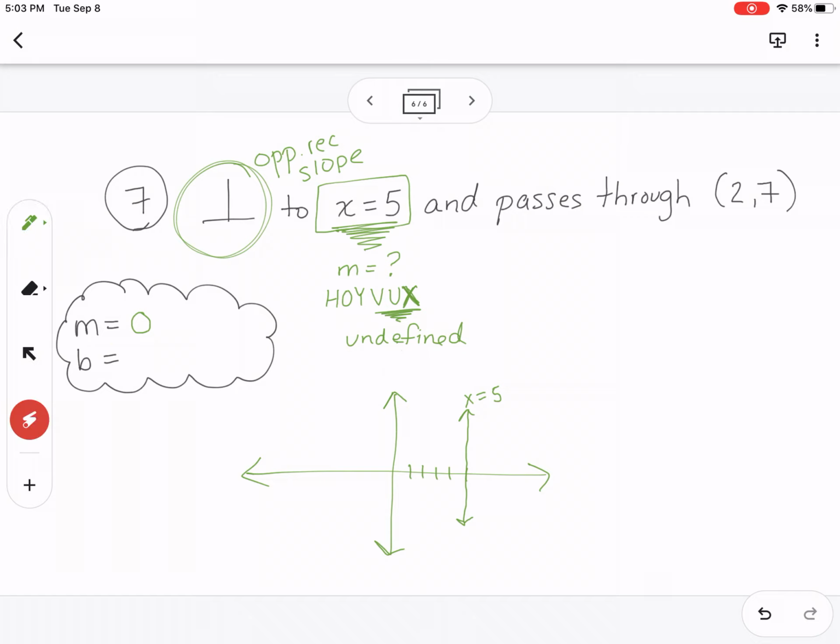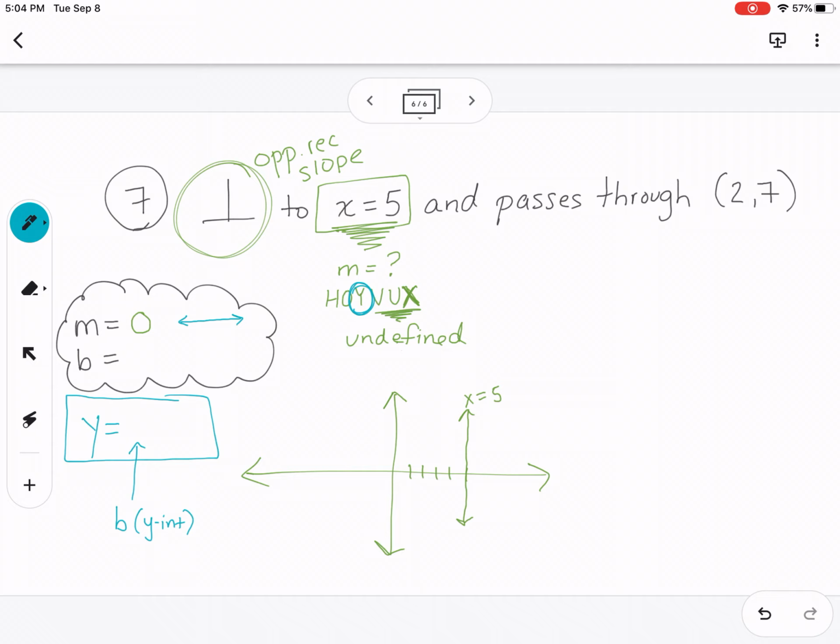What does a line look like that has a slope of 0, right? My line will then be a horizontal line, HOY, right? Horizontal line with a 0 slope. I also know the equation will be y equals a number. The question is, what's that number? That number is going to be the y-intercept, the b value, okay, the y-intercept.